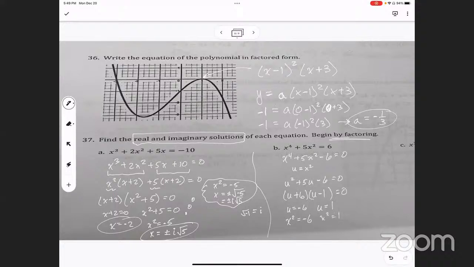Now let's solve these. This means x equals, just like I did before, plus or minus i root 6. Got it? And this means x equals plus or minus 1, don't forget the plus or minus. So there are my 4 answers.